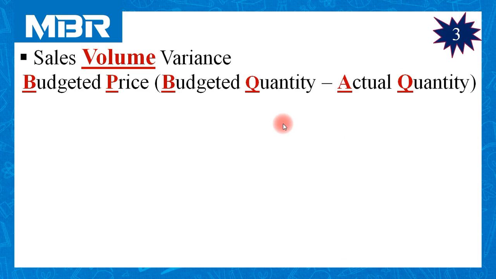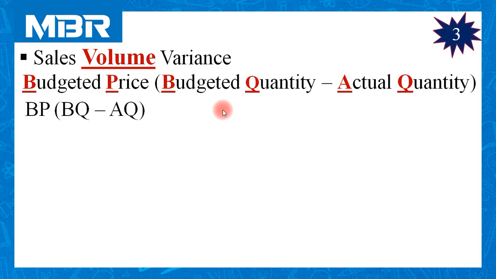Formula for the calculation of sales volume variance: budgeted price into bracket budgeted quantity minus actual quantity. At this point of calculation, I would like to remind you that you can change the variables in the formula. Your final answer with interpretation remains the same.